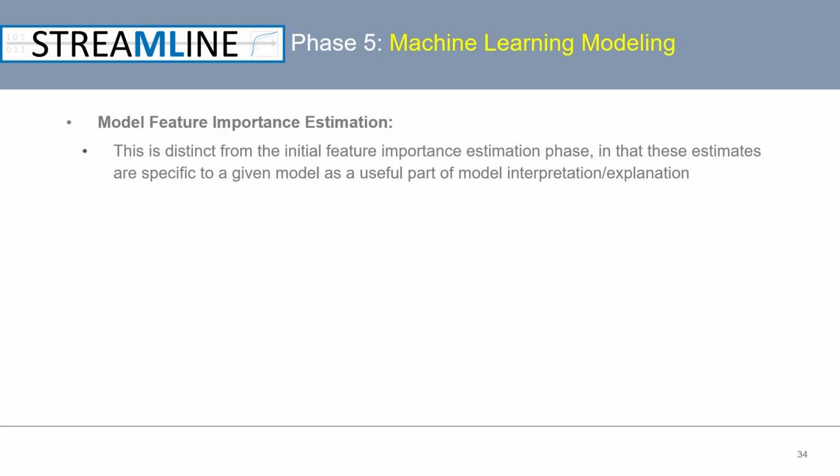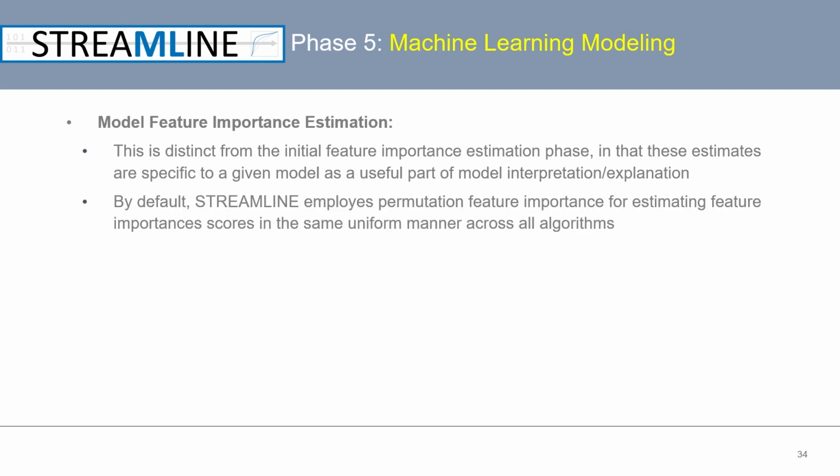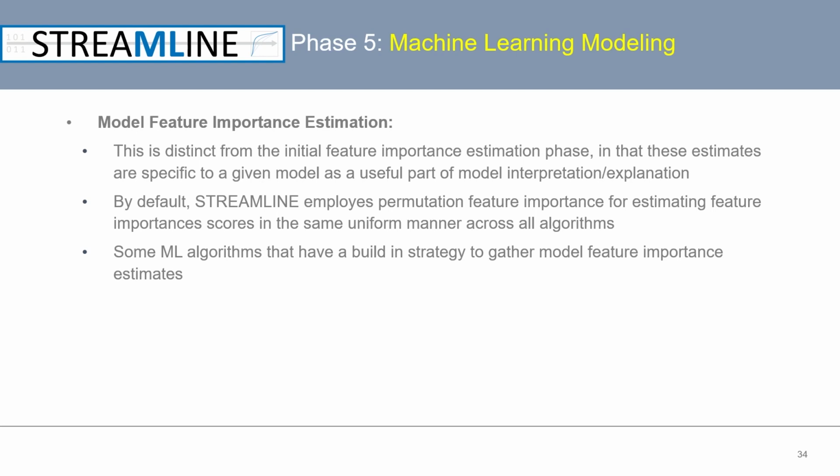Turning now to Phase 5 model feature importance estimation. It's important to note that this is distinct from the initial Phase 3 feature importance estimation, in that these estimates are specific to a given model as a useful part of model interpretation and explanation. By default, STREAMLINE employs permutation feature importance for estimating feature importance scores in the same uniform manner across all algorithms. Of note, some machine learning algorithms have a built-in strategy to gather model feature importance estimates.